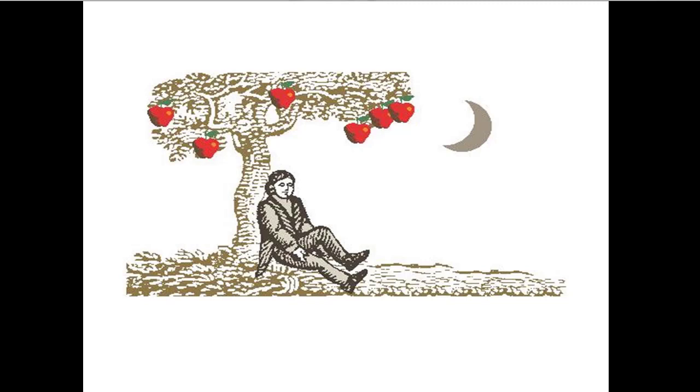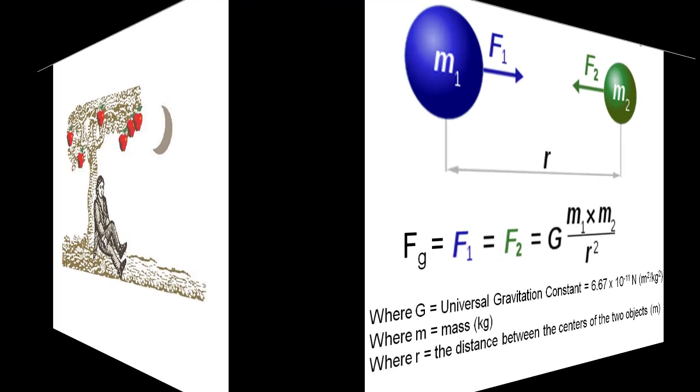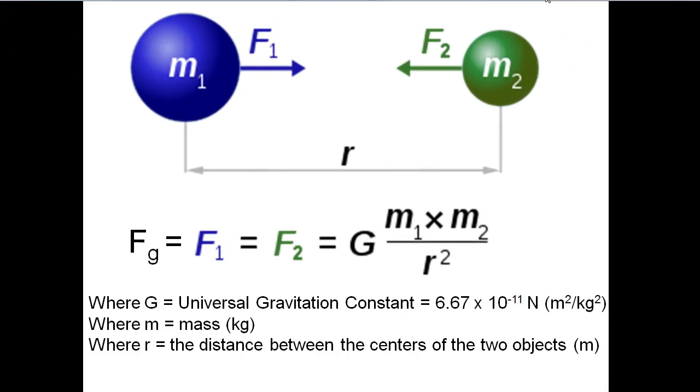But we do have the formula that resulted from his use of calculus and his many, many hours of contemplating what this could be. And so he found that a force that causes elliptical orbits is described by a formula that looks like this.